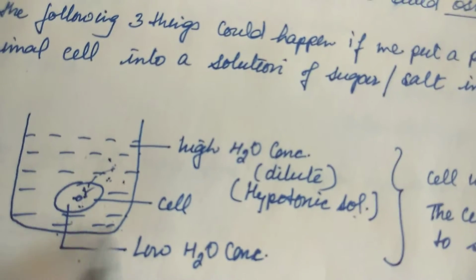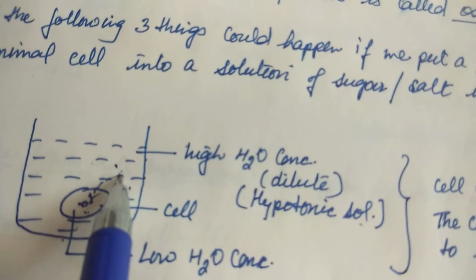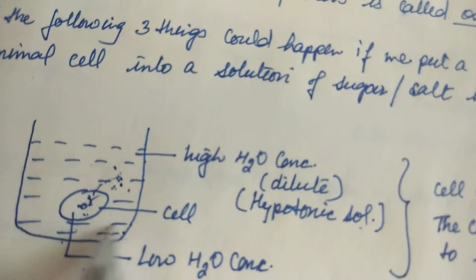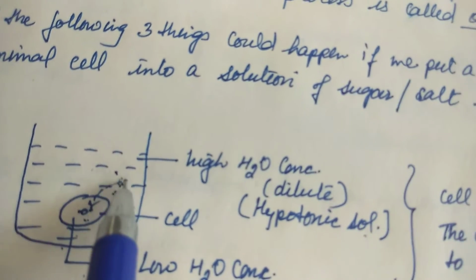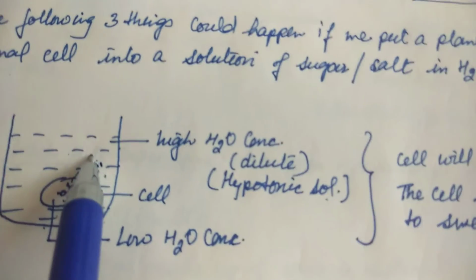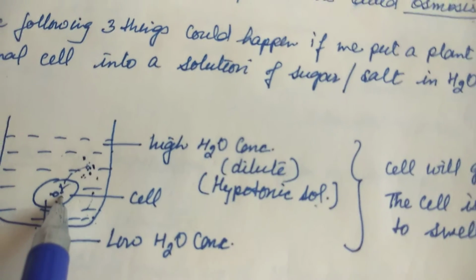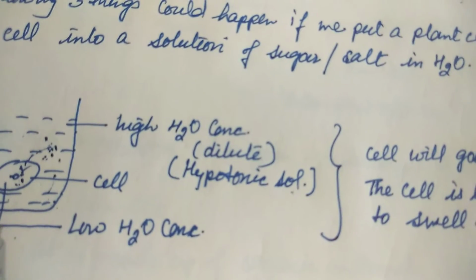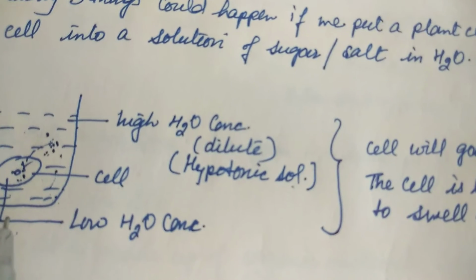In this situation the concentration of water is high in the outer solution, so water molecules will move from the solution to the cell. In this case the cell will swell, it will gain water and swell.